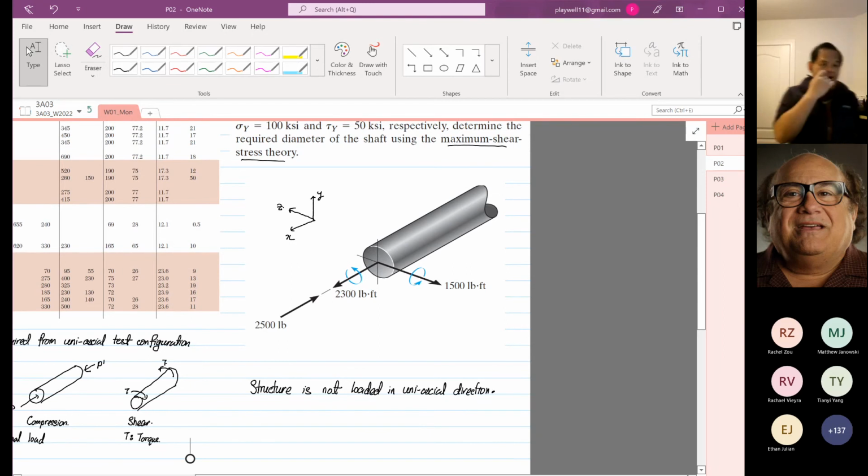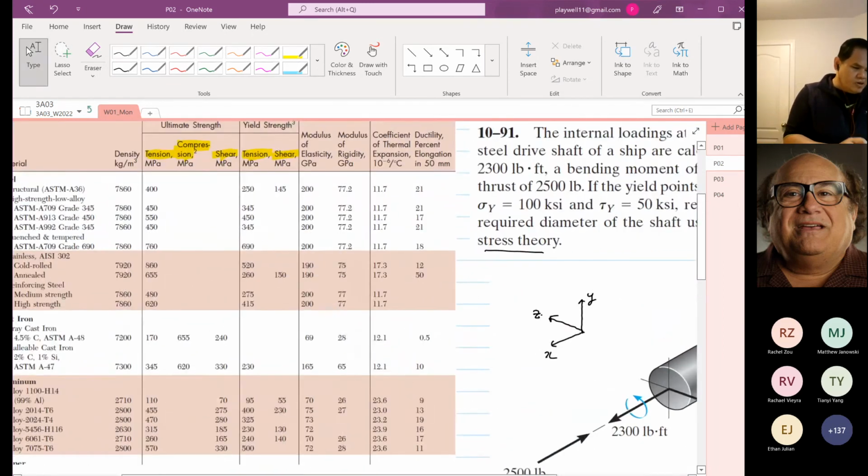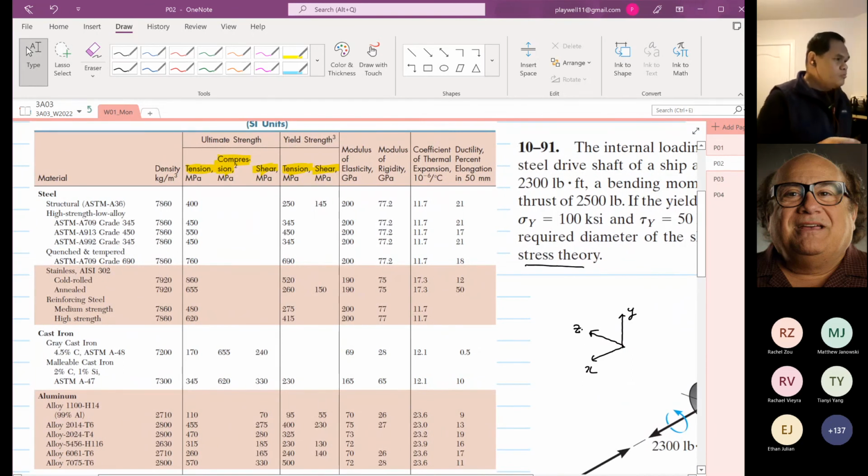Then the question for all of us is this: how can we apply this data, this table? The loading condition is not the same.